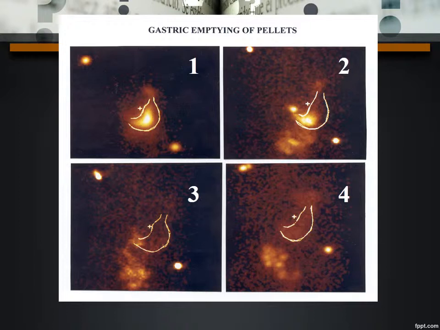This is the human sitting in this machine and being captured here. The drugs go in and reach the stomach, then slowly pass through the duodenum, slowly move around in the intestine and go to the large intestine.